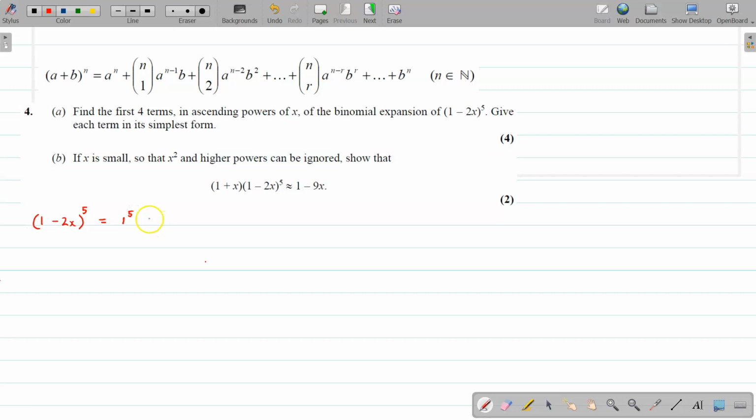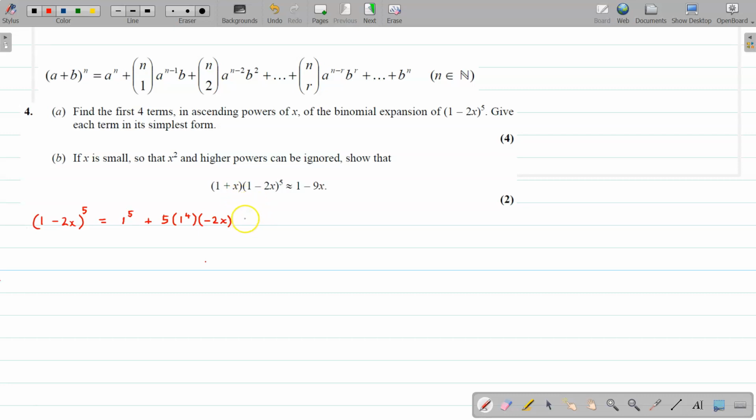The second term is going to be 5C1, which of course is 5, and it's 5 times 1^4. I'm writing it out in full just to show what's going on, and that's multiplied by negative 2x. That negative sign is obviously important here.